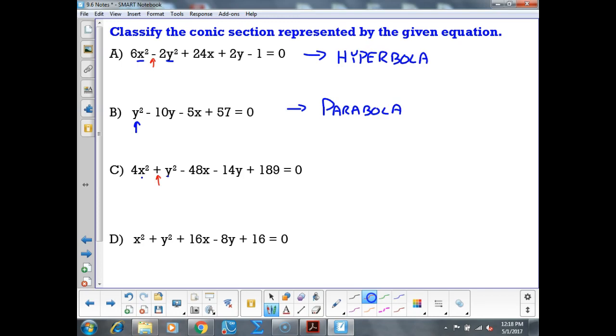Coefficient on the y squared term? 1. Are those the same? If they were the same, it would be a circle. If they're different, it is an ellipse. Because of this right there.